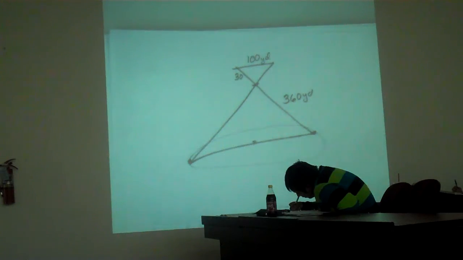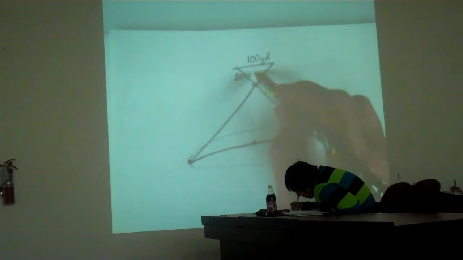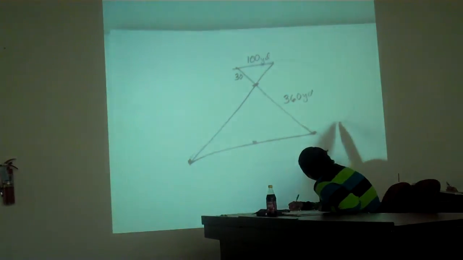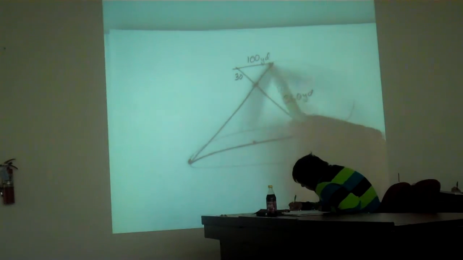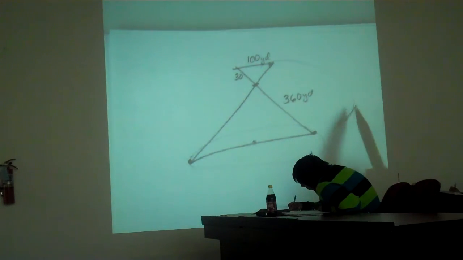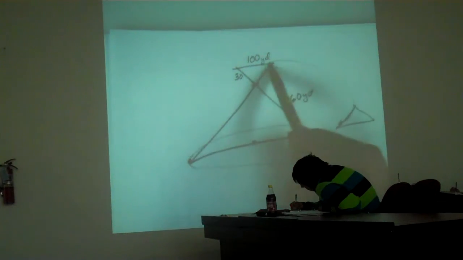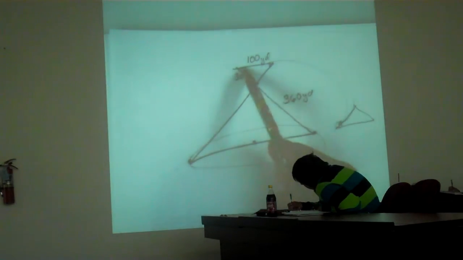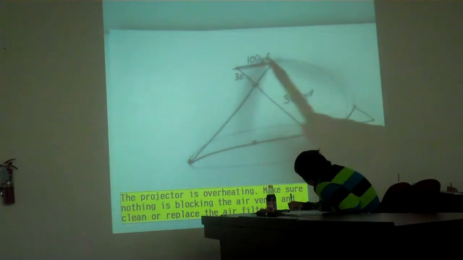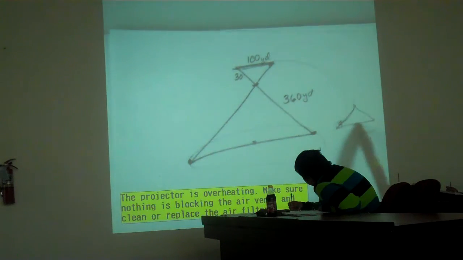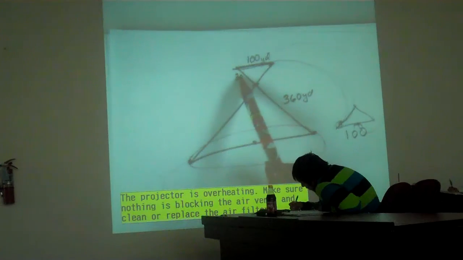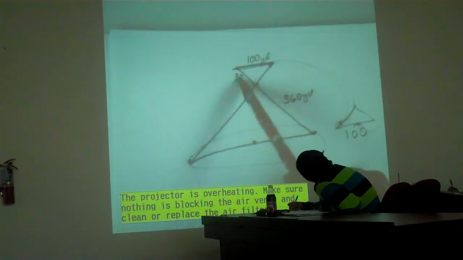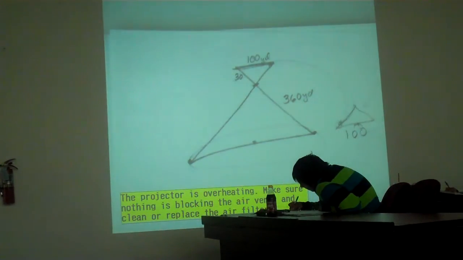Okay, if we actually twist this triangle around and put it down here next to it, this angle right here, see this angle comes around to right here. That's the empty angle right there, right? This side goes to the bottom, doesn't it? So that's your 100. This one right here comes all the way around to up here.